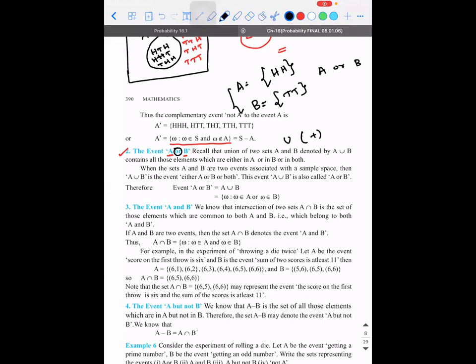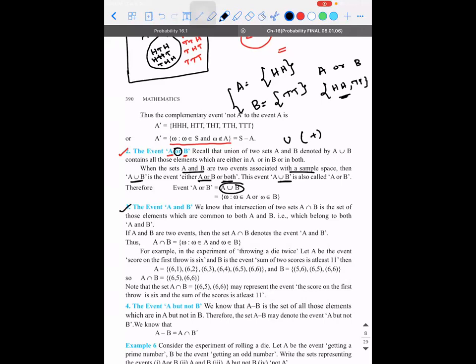Head and tail. You will write it as head and tail. That is A union B. Union means or. So when A and B are 2 events associated with the sample space, then A union B is the event either A or B or both. This event A union B is called A or B, and that's the operation.